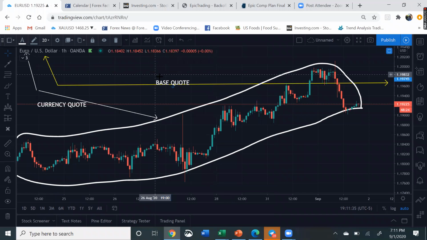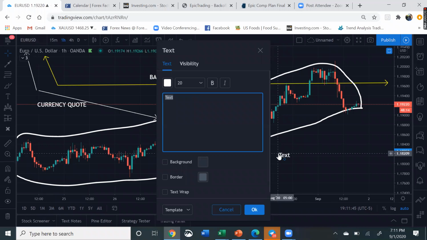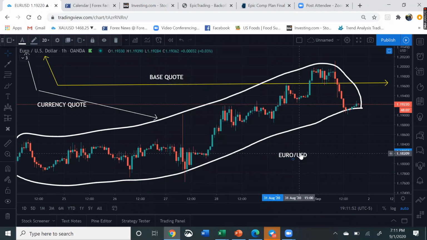Okay, and this is your base quote. So what does this all mean? What do you mean by currency quote? What do you mean by base quote? So basically what this means, we have the euro slash USD, US dollar.